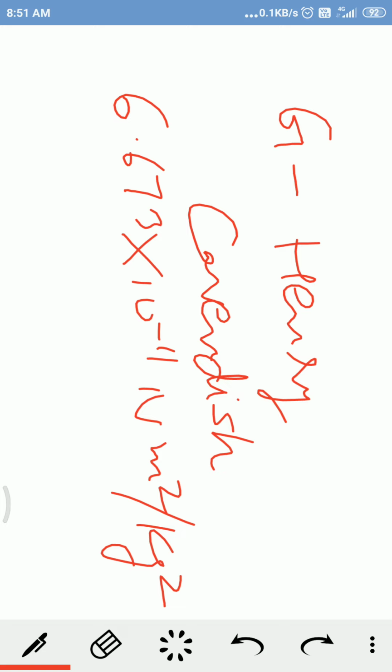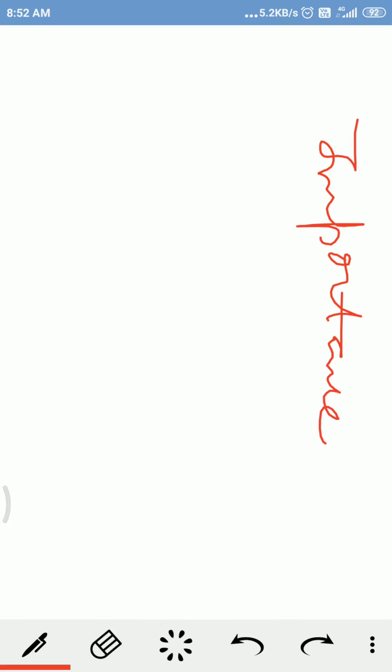So, now the next question is, what is the importance of the universal law of gravitation?